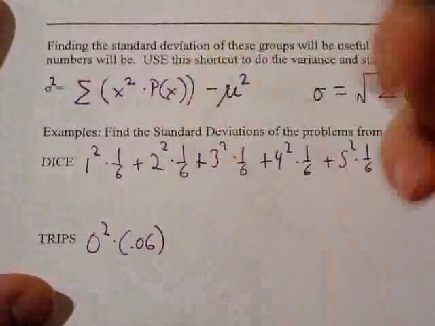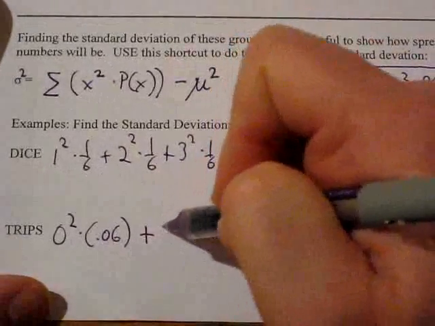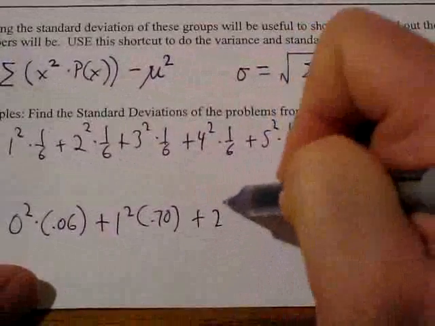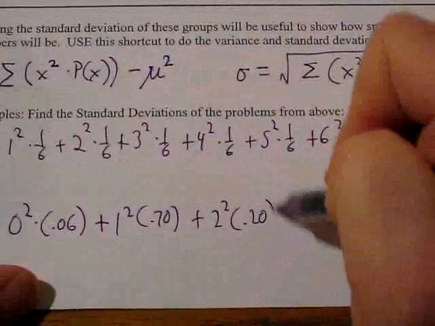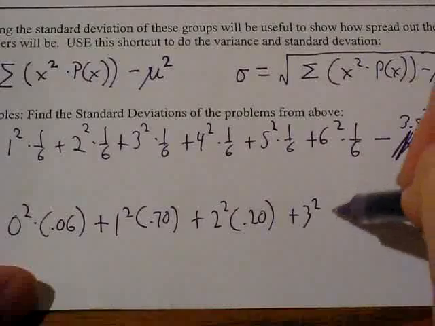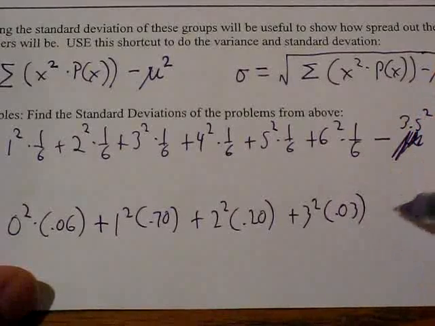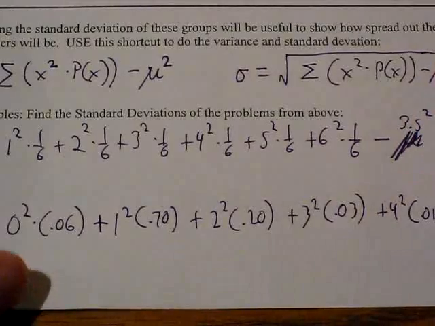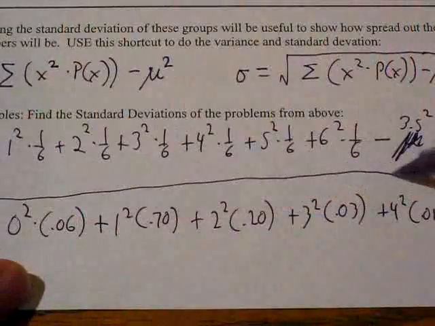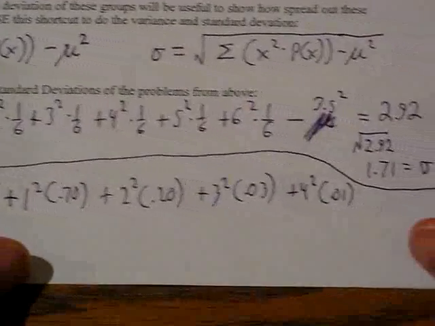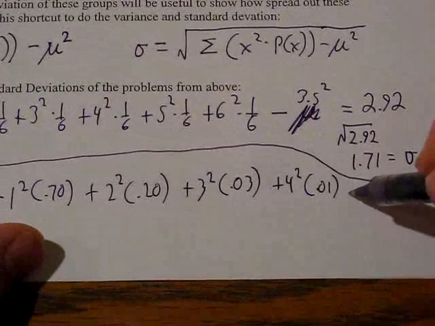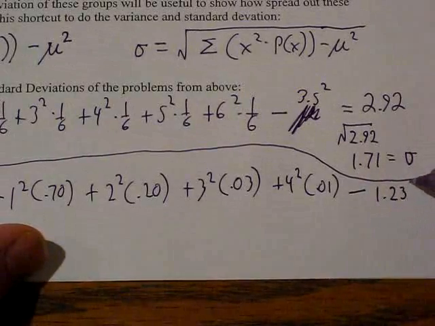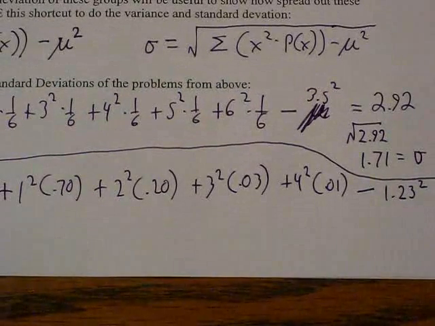And I know that's 0, but I'm just going through the motions, folks. 1 squared times 70% plus 2 squared times 20% plus 3 squared times 3% plus 4 squared times 1%. We're going to subtract our average squared, which was 1 23/100ths, squaring that.